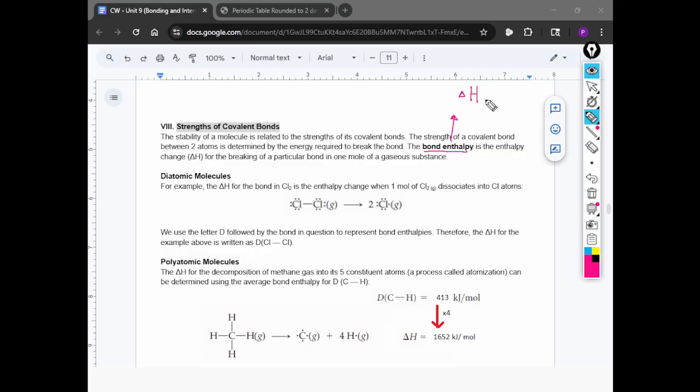And if you remember, what's the unit of measurement used to measure enthalpy? Yeah, joules or kilojoules. So we're going to talk a lot more in kilojoules, so just make sure you're aware of that. So we're going to have a number in kilojoules. And this bond enthalpy is basically how much energy does it take to break that bond? Okay, energy to break the bond.